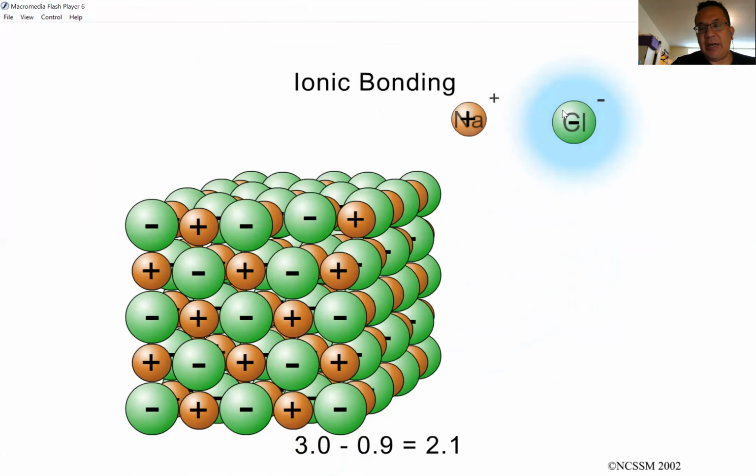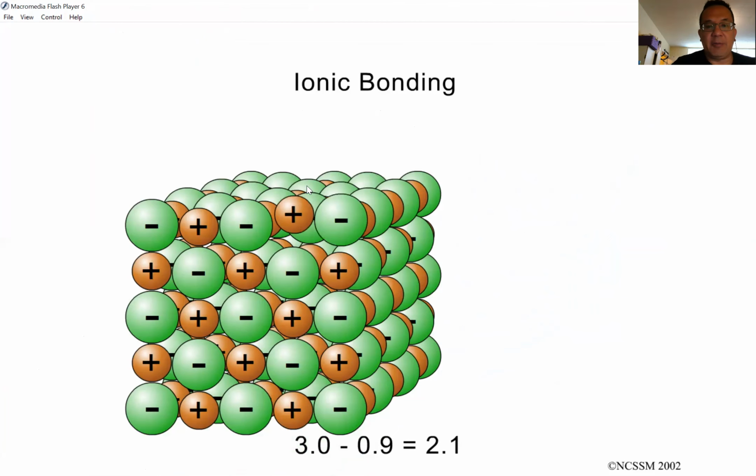So you have your negative and your positive charge. Because the electronegativity difference is so big, chlorine seems to have gained the pair of electrons, while sodium has lost it. So that would be ionic bonding. It's just a different amount of sharing.